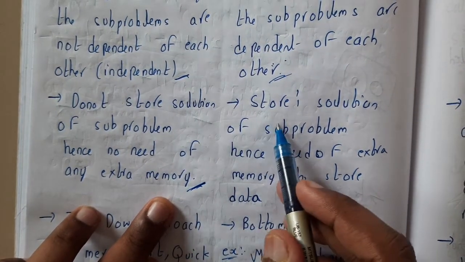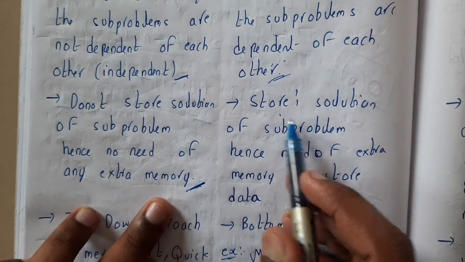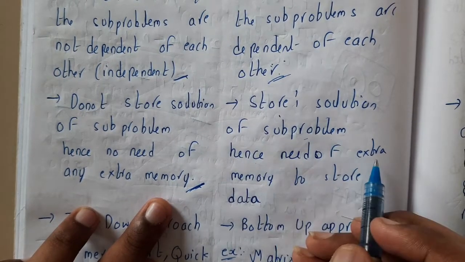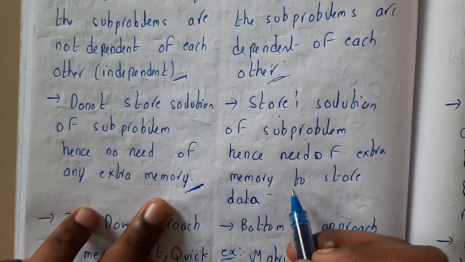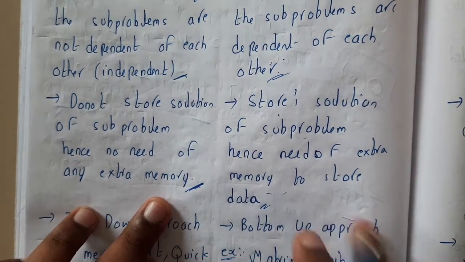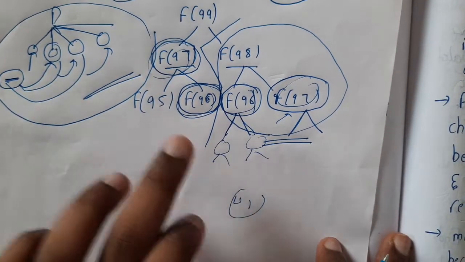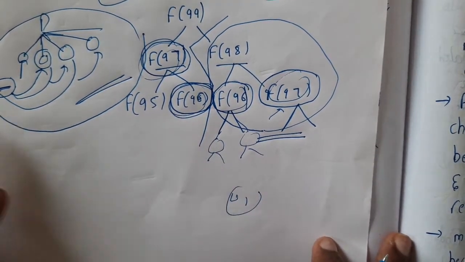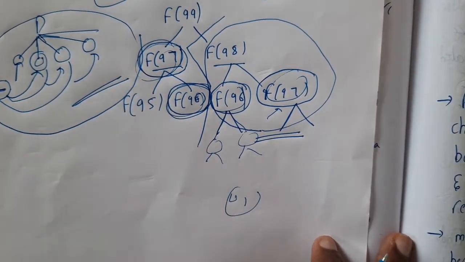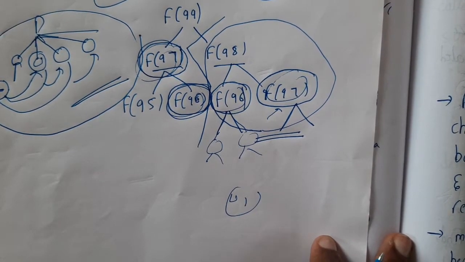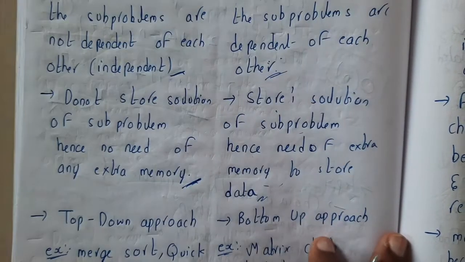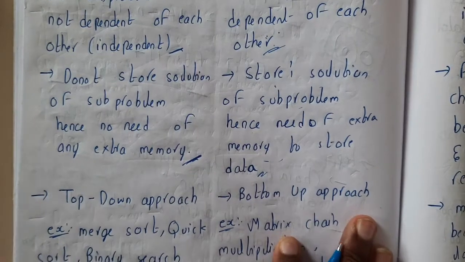Whereas in dynamic programming, we store solutions of sub problems, hence extra memory for storage is needed. I told you that we will be storing the 97 value somewhere, and the 96 value somewhere. Somewhere means somewhere in memory. That is why you need storage for those intermediate or sub problem values.